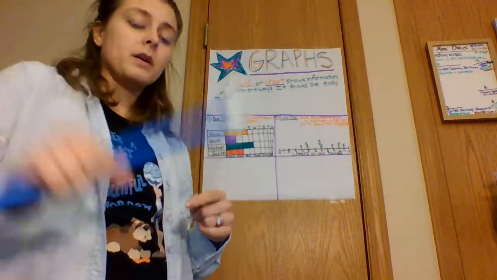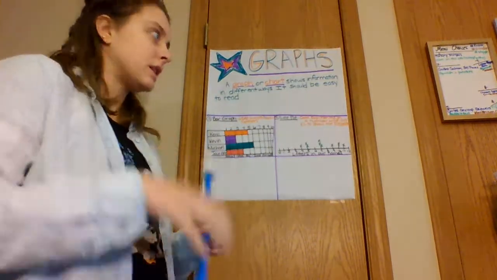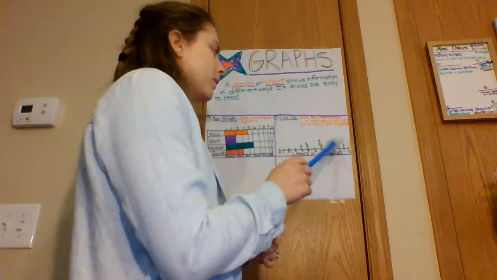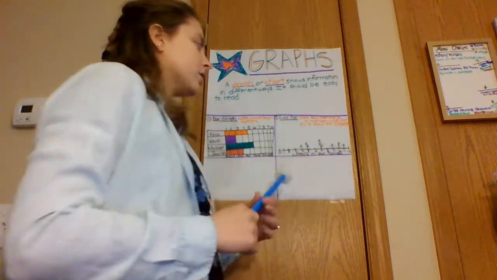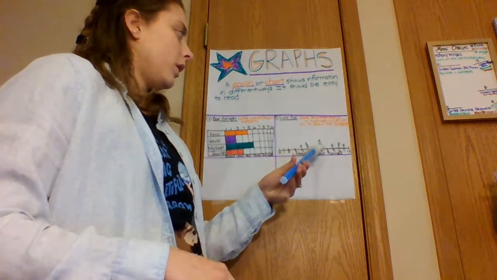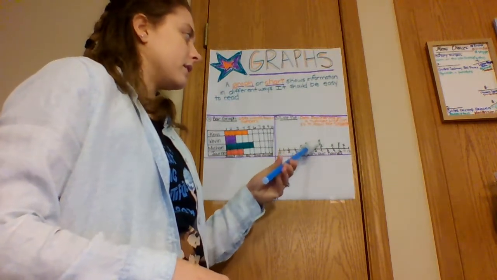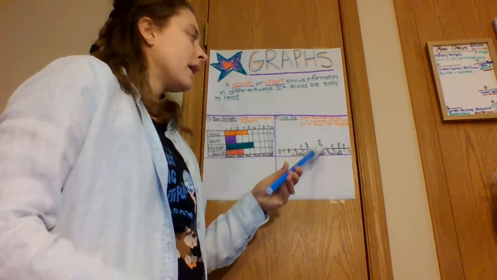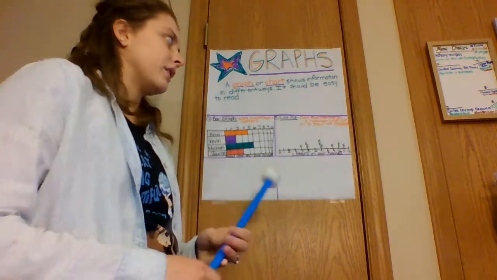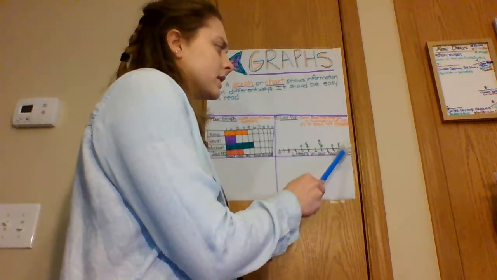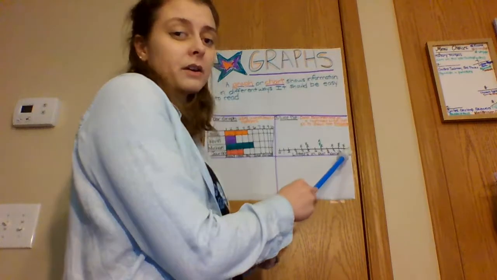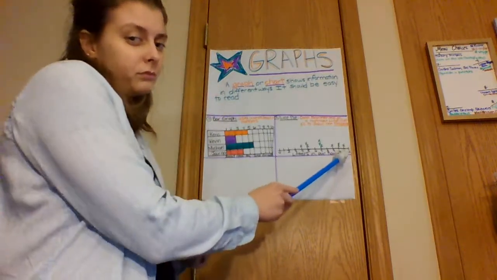I even threw Mrs. McClure's husband in there and used his name. So those are the people that I looked at their names, and you can see the one with the most was 7. 3 people have 7 letters in their name. We did have one person, Mrs. Amspaw, who had 11 letters in her name.